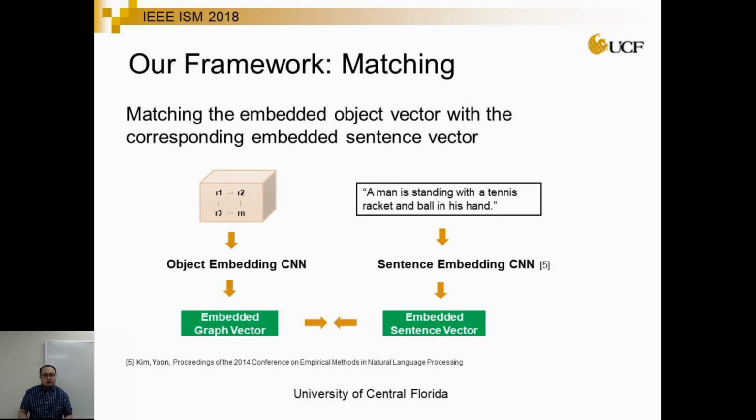We embed the sentence with another CNN in the text domain, where each word is turned into a word vector, and then we concatenate them together and apply the CNN on this feature. So the embedded feature has the semantic content of the sentence.